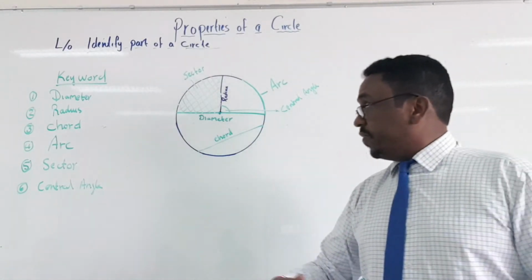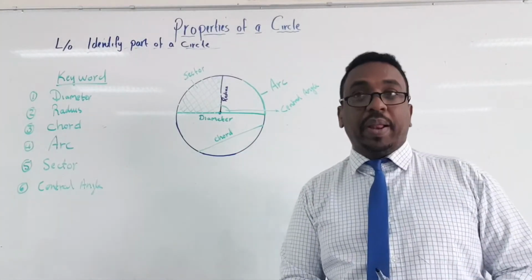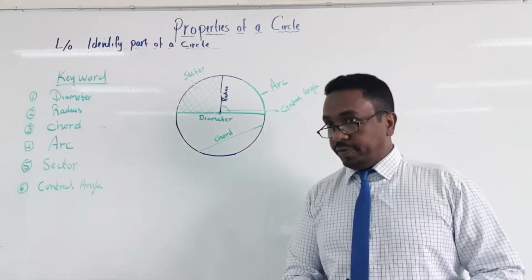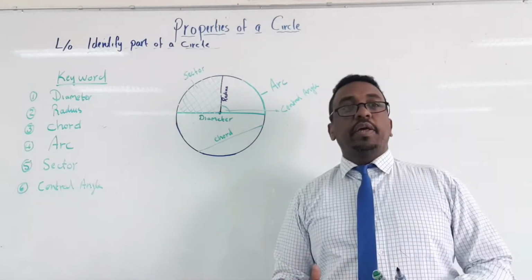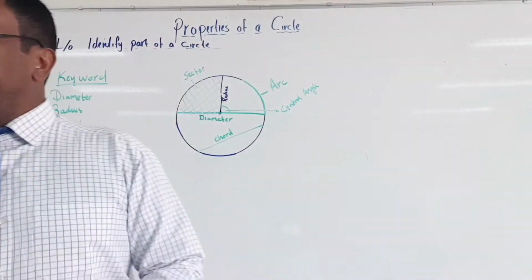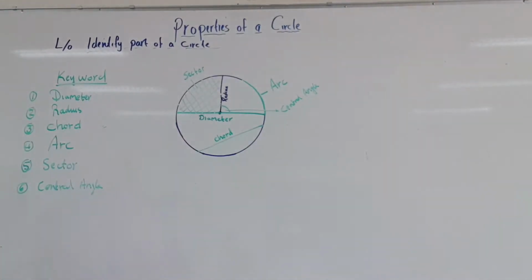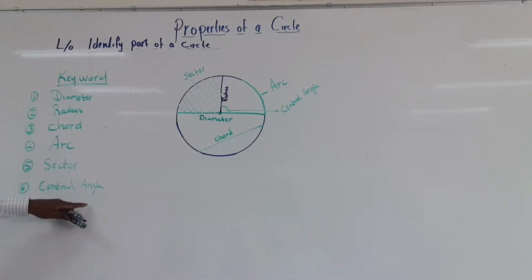There are a lot of different reasons we use the circle in mathematics as well as statistics. One easy way to use the circle is to divide things. So this is number 6, central angle.